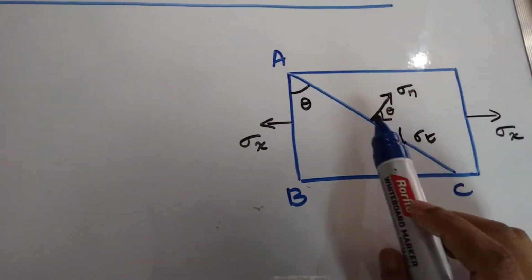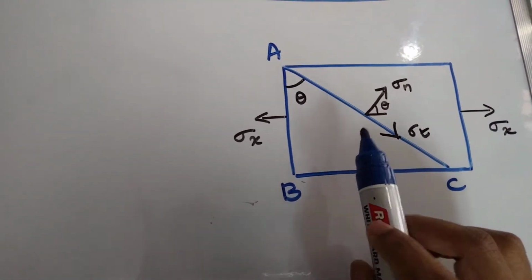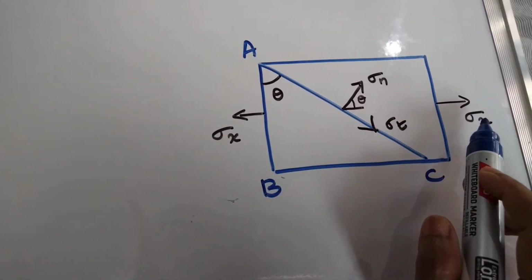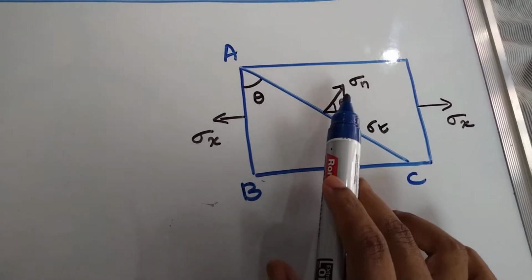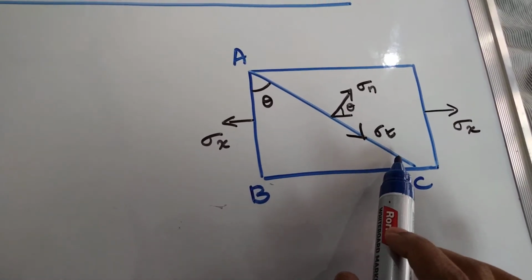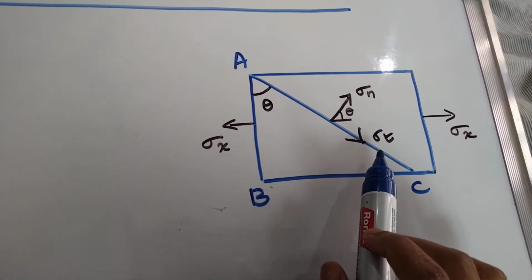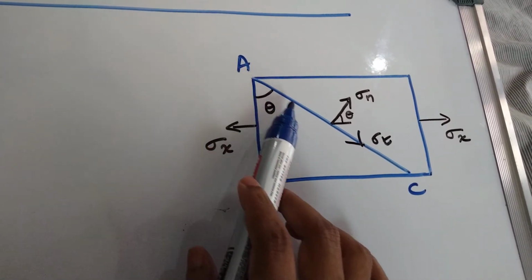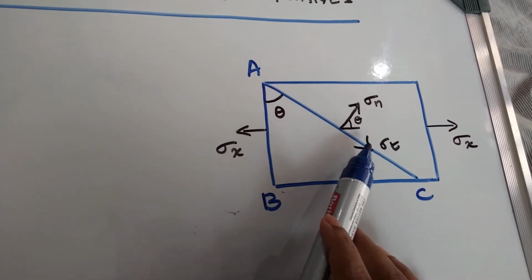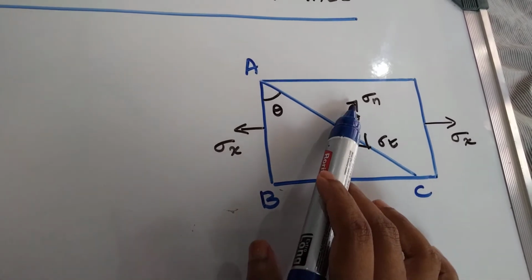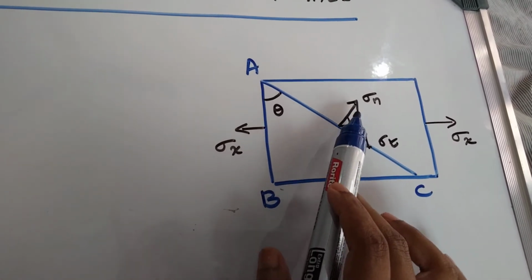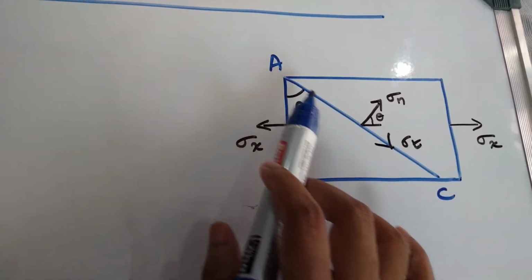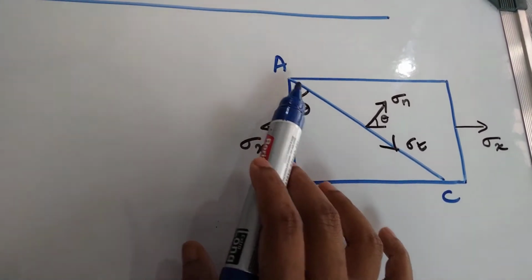So for uniaxial stress, we are going to consider a bar subjected to uniaxial stress sigma x along the x direction. Let sigma n and sigma t be the normal and tangential stresses on the inclined plane AC. Sigma t is the tangential stress, meaning it is tangent to the inclined plane, and sigma n is the normal stress, perpendicular to it.